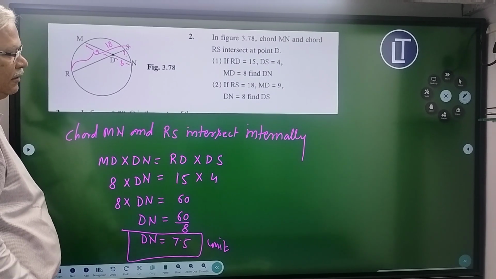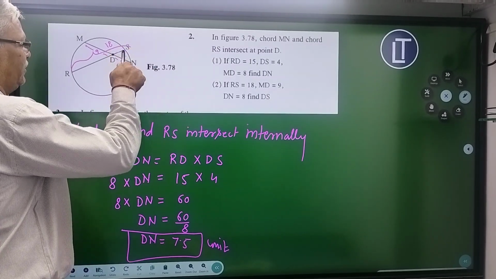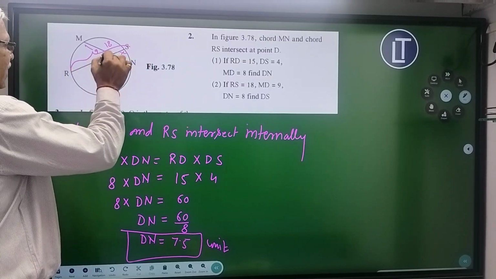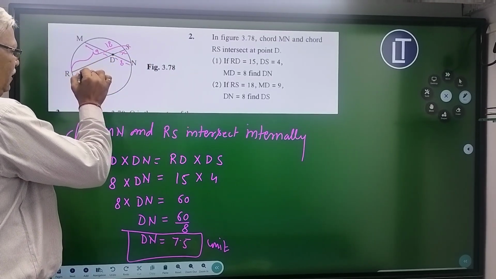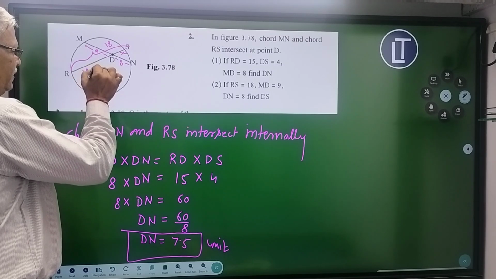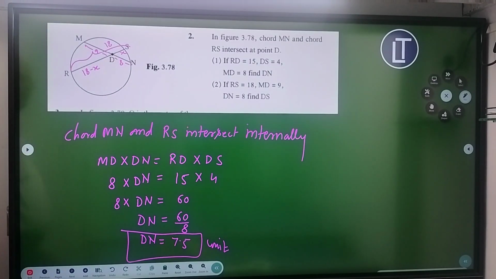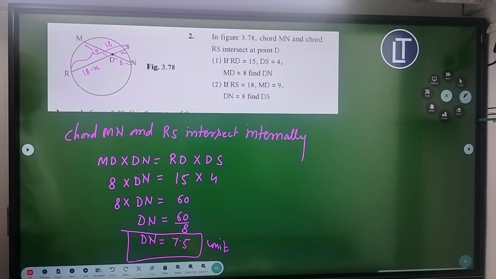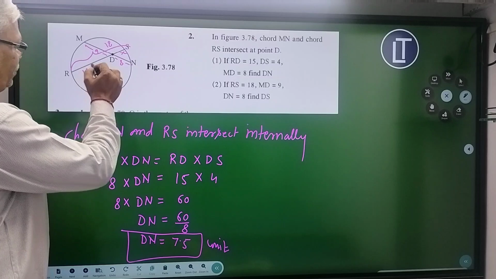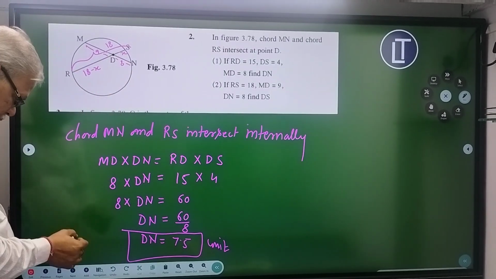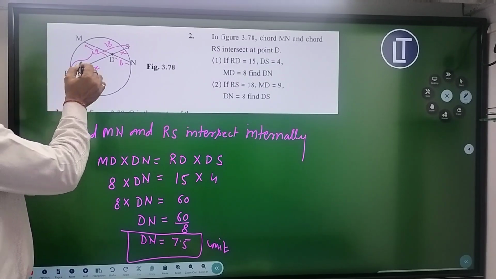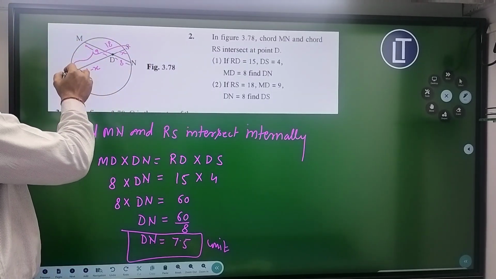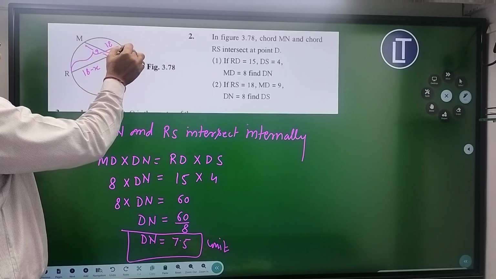Then RD will be 18 minus x. Here RD will be 18 minus x, means we are going to use this. Understood? Okay, now we are going to write MD into DN is equal to RD into DS.